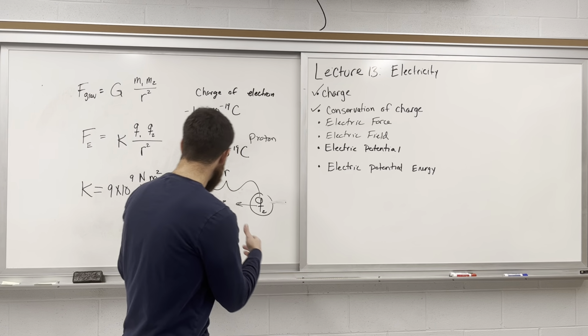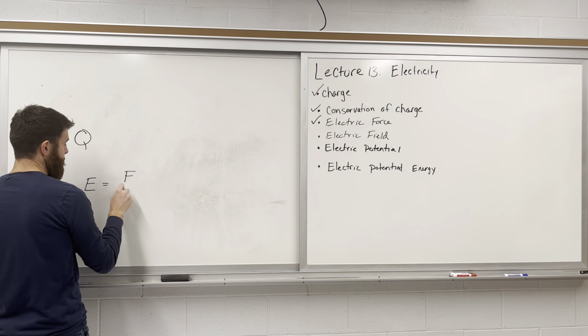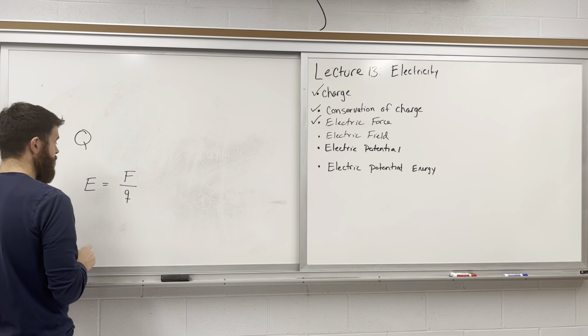So this brings us now to the electric field. If we have a charge, capital Q, I'm going to call that charge, it creates an electric field around it. The electric field, the E field, is defined by the force that the charge would exert on some test charge, q.